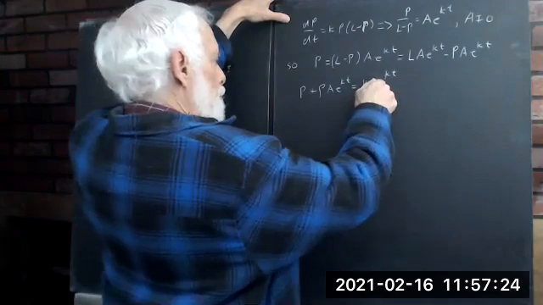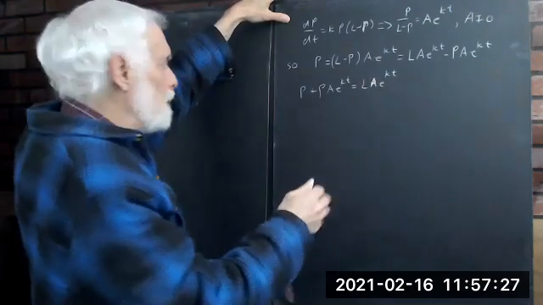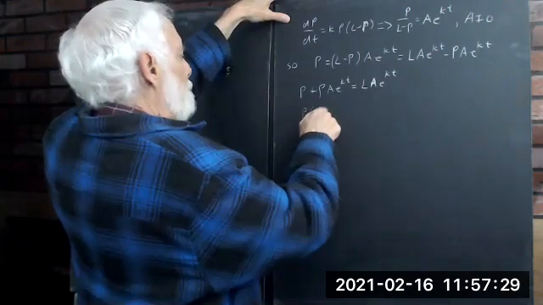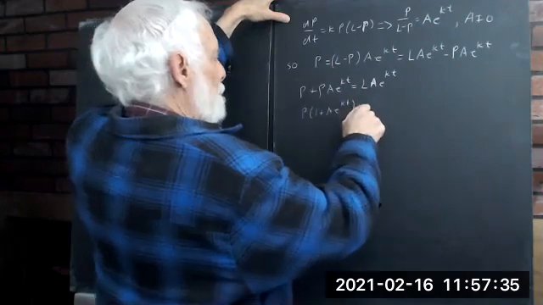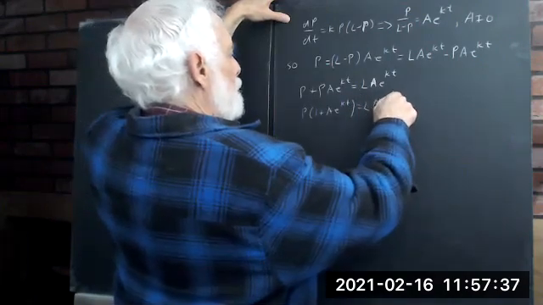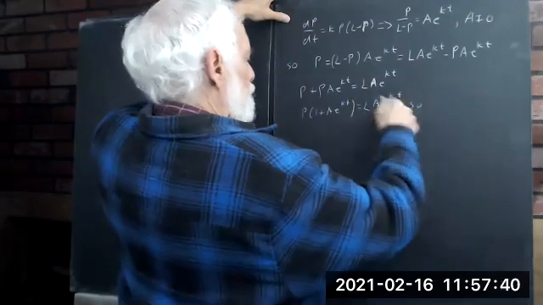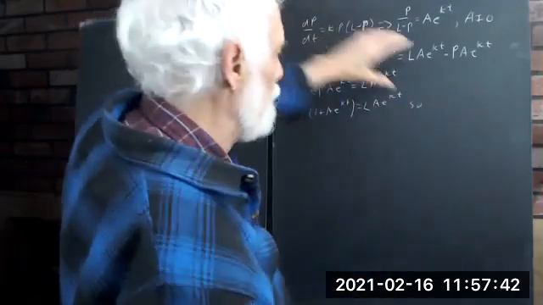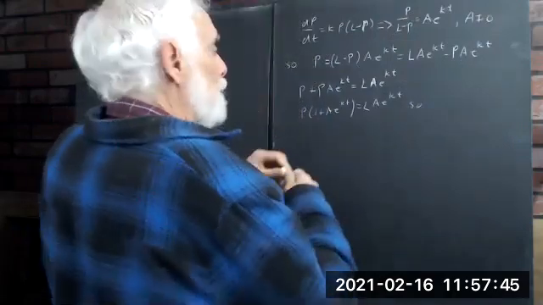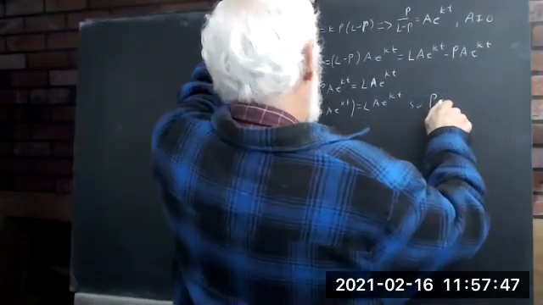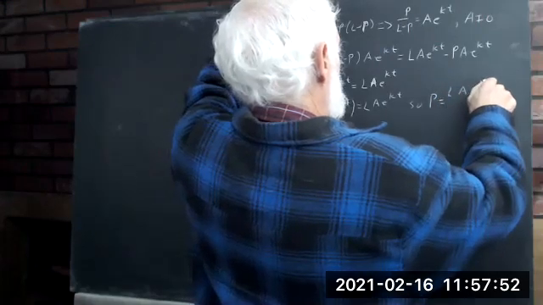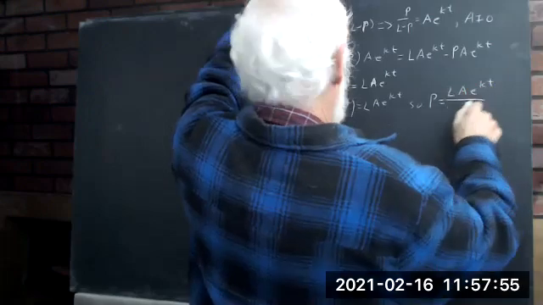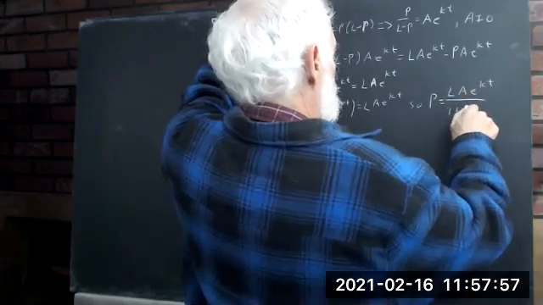P factors out here. And I don't want to take up board space with another line. I've got plenty of space over here. You get P equals LA e to the KT over 1 plus A e to the KT.